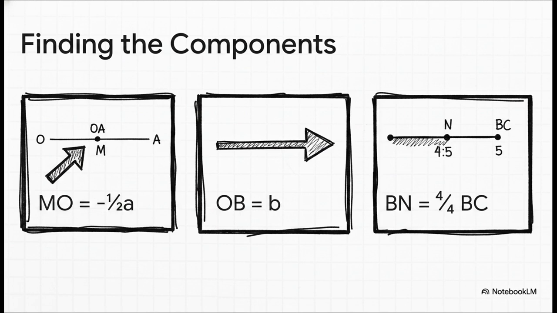So if we're going from M to O, we're going backwards along half of A, which gives us negative 1/2 A. Easy enough. OB is just B. That was given. And BN? Well, remember that ratio, 4:5? That means the whole line BC is split into 9 parts total, and BN gets 4 of those parts. So BN is simply 4/9 of the vector BC.